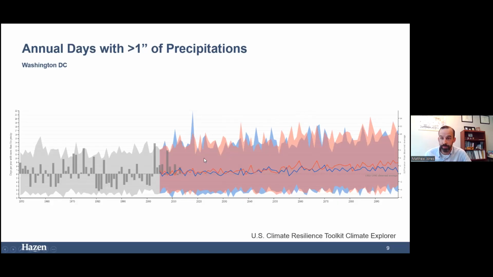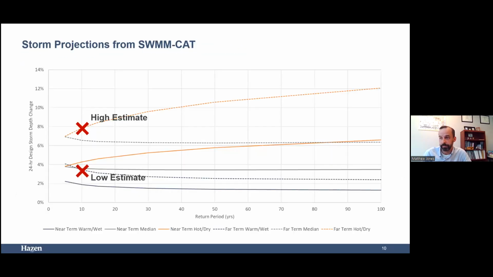So something that we would be focusing on in our green infrastructure. It's worth noting these red and blue lines are the medians for different climate scenarios, and the bands here, which are notably wide, are the range of different model projections over time. So some signs of an increase, a lot of variability.